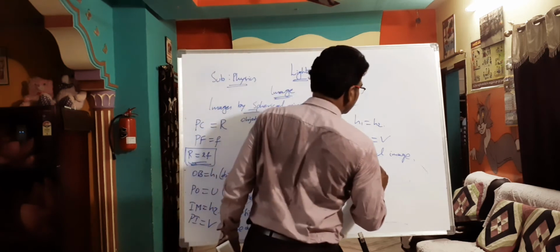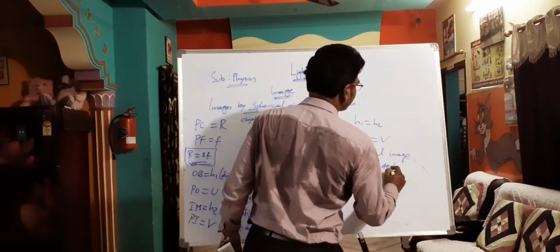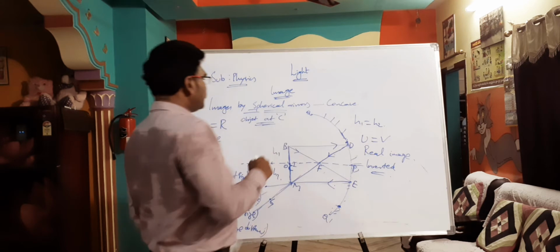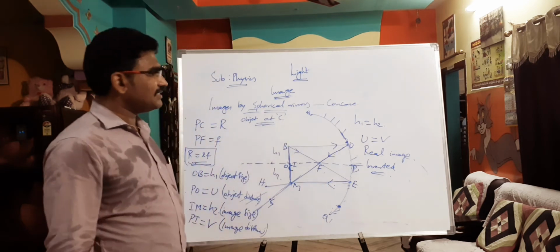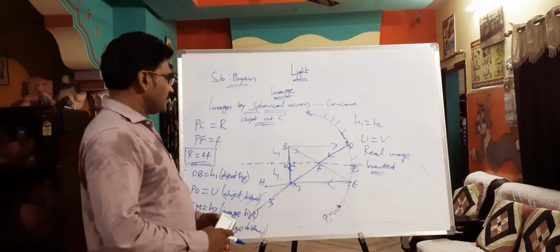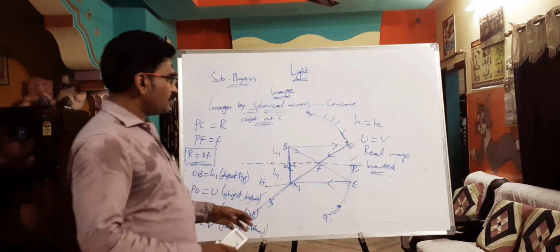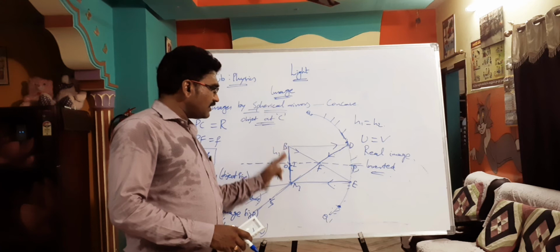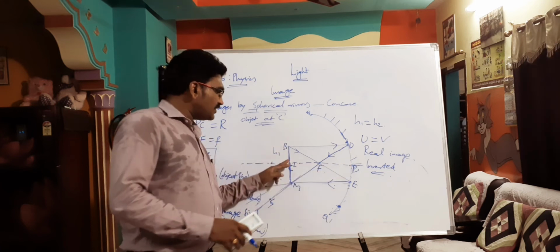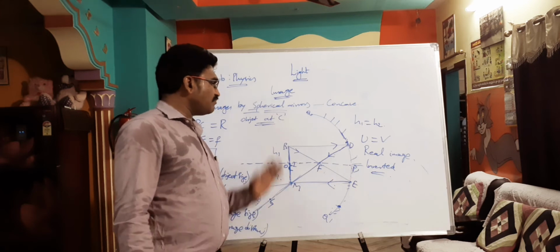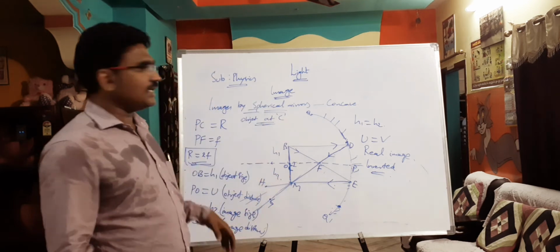So it is inverted. So these are the characteristics when the object is at C. You can observe that where the object is, there only the image is formed. Image size and object size are the same. Object distance and image distance are the same, but it is inverted and it is a real image.